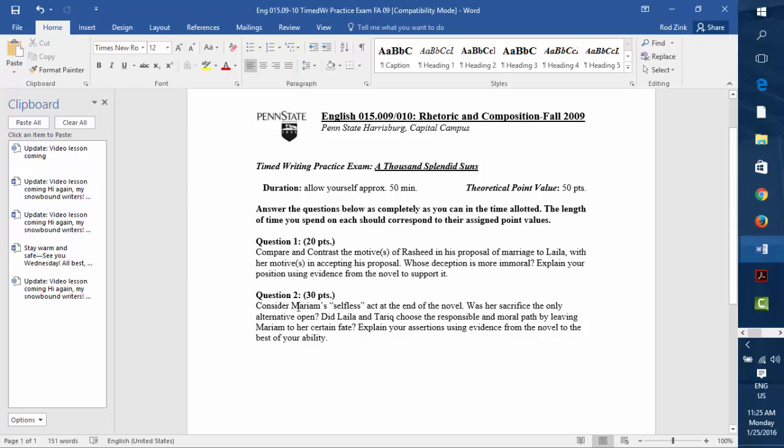Question 2. Consider Miriam's selfless act at the end of the novel. Was her sacrifice the only alternative open? Here again I'm asking a question. Did Layla and Tariq choose the responsible and moral path by leaving Miriam to her certain fate? Explain your assertions using evidence from the novel to the best of your ability. This one's a little trickier, because I have 3 different questions here, and I want answers to them. Probably this one's going to be a little more disjointed, and this is what professors sometimes do.